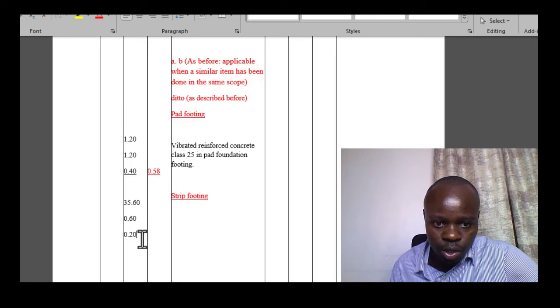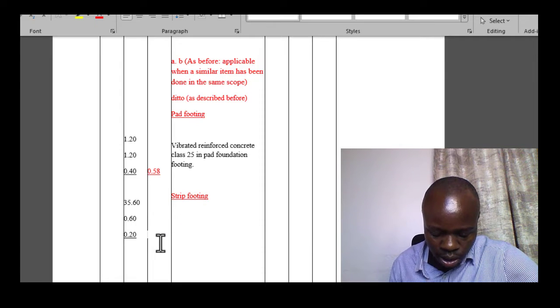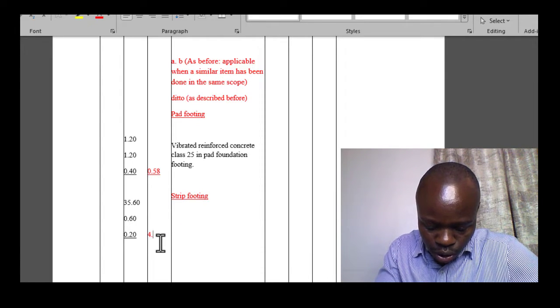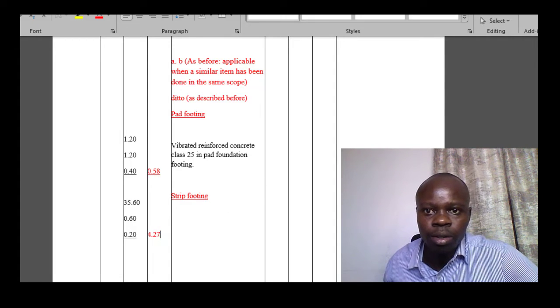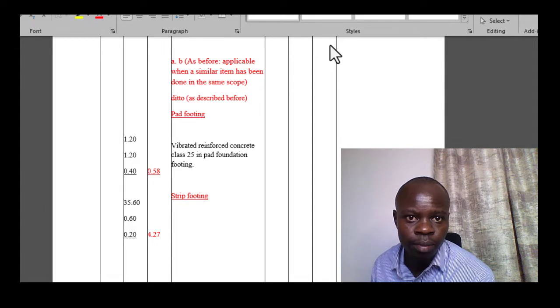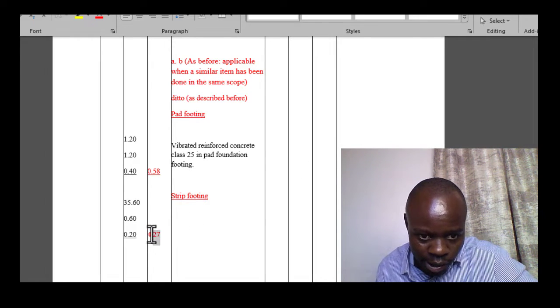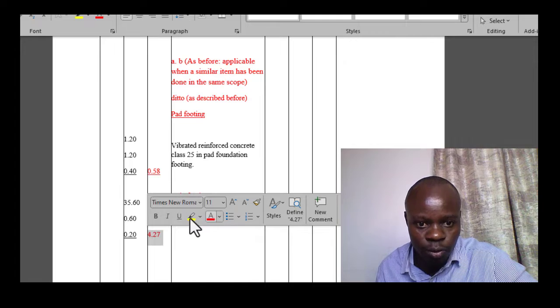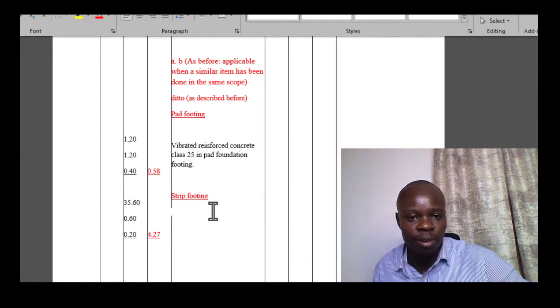Okay, so of course this one has to be underlined as we had agreed. Then you have 4.27. Okay, of course you underline the quantity that you've got, just the way we discussed in the previous session.